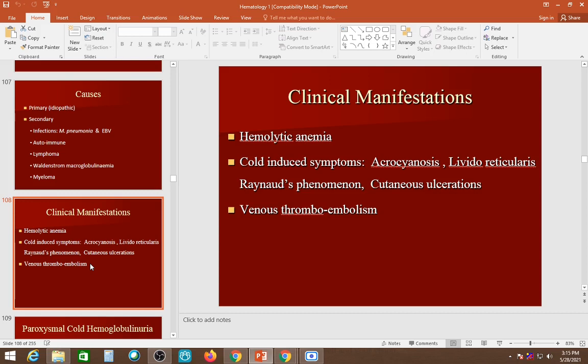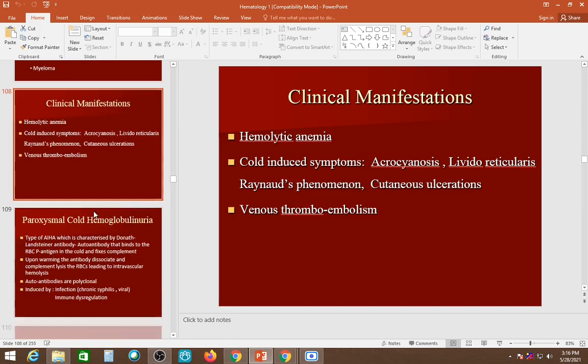On exposure to cold, they develop acrocyanosis, livedo reticularis, Raynaud's phenomenon, and some cutaneous ulceration. And also venous thromboembolism. All autoimmune hemolytic anemias, as I told you, have this venous thromboembolism.